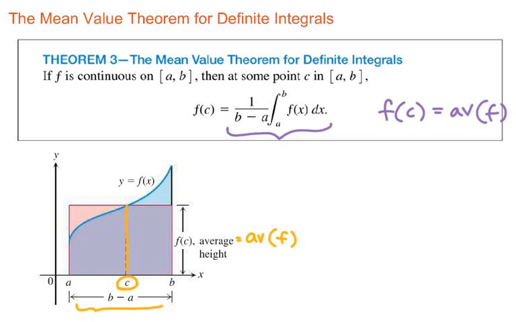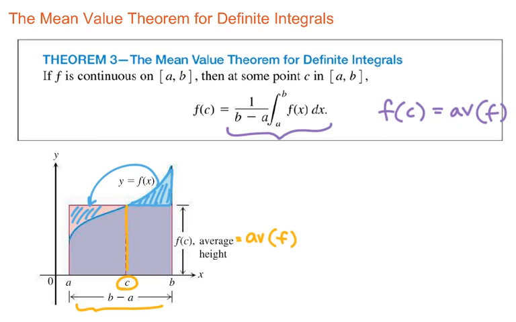And you can kind of visually see this. If I were to cut this little extra piece on the top here off and flip it around and plug it in here, it would be exactly equal. So the area of that rectangle is exactly equal to the area under the curve.